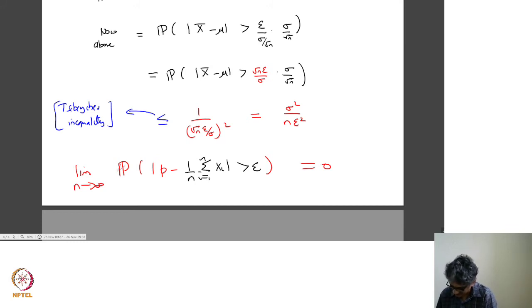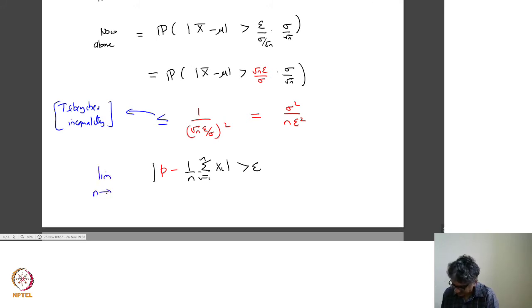It's clear. Let's say the limit as n tends to infinity, the probability of this is equal to 0, for any epsilon.